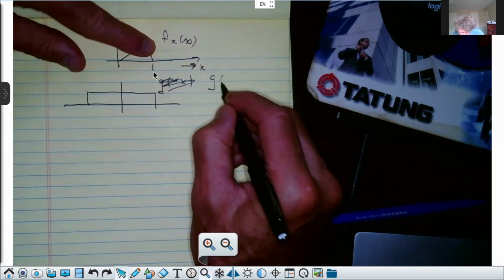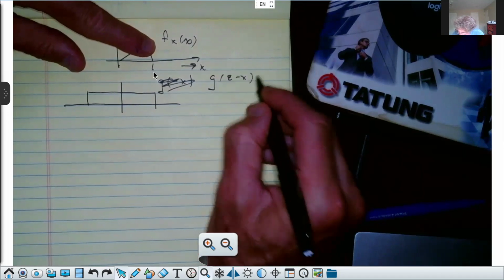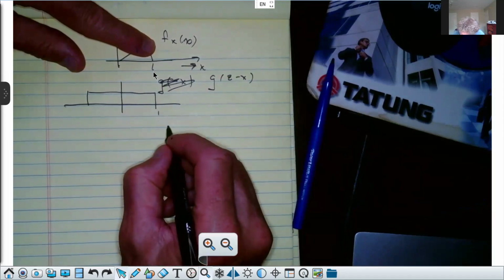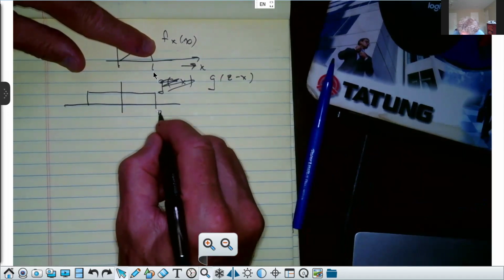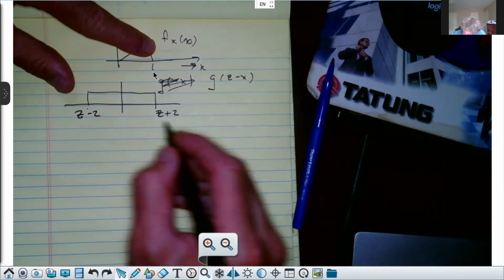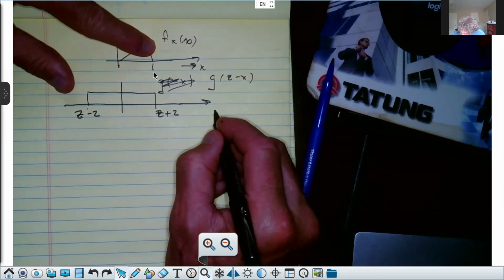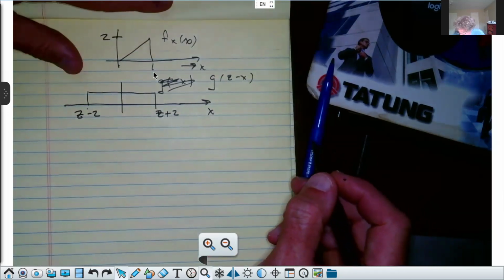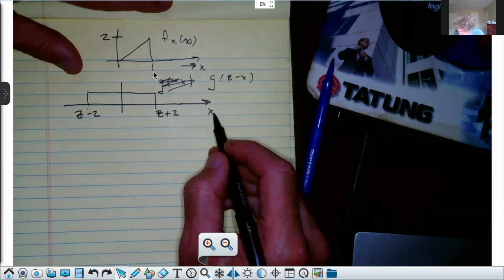I can say g of z minus x. Do you remember that was the argument? All right, now this upper part right here, this is going to be z plus 2. The lower part is z minus 2. And this is x. Can you all follow me? This horizontal axis has x as its variation.